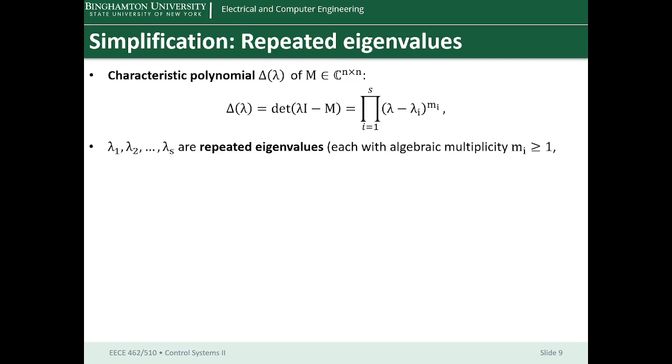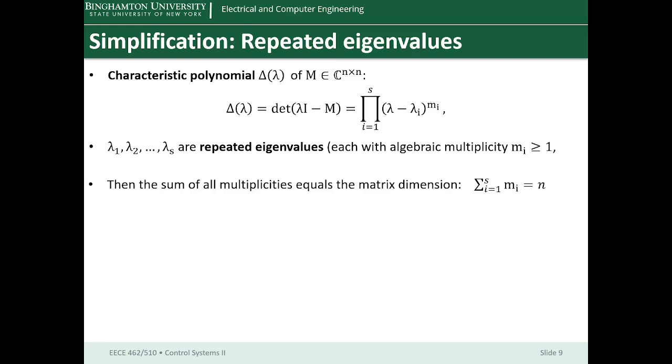Here, lambda sub i is the ith eigenvalue and m sub i tells us how many times the eigenvalue is repeated. If an eigenvalue appears twice, we raise its factor to the power of 2. If it appears 3 times, to the power of 3, and so on.